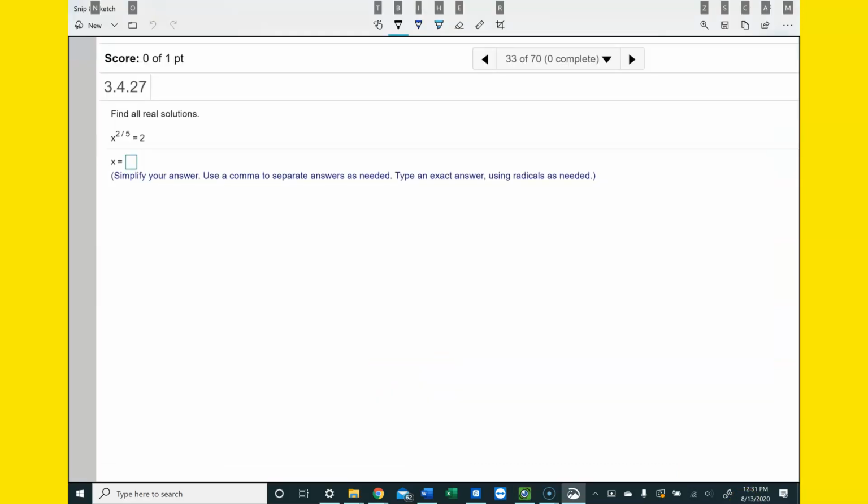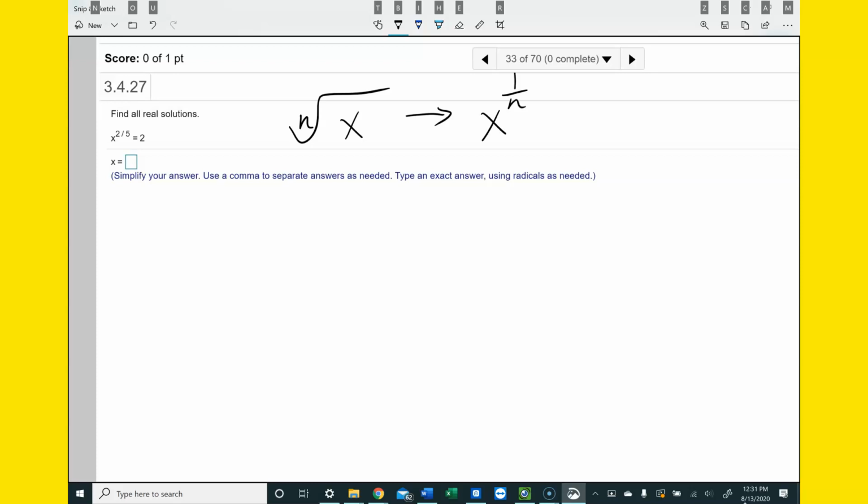Alright, the next equation is what's called a rational exponent equation. But this is also pretty much like a radical equation, because a rational exponent is a radical. Let me just remind us of that in case we don't remember. If you have a radical with an index of n, let's just say the nth root of x, that is the same thing as x to the 1 over n.